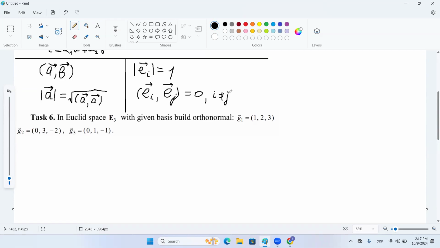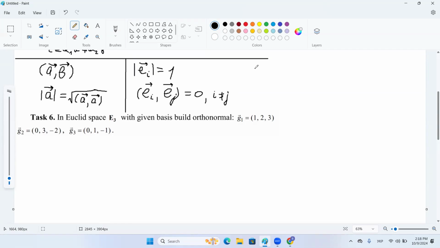Just let's remember our unit vectors in 3D space that correspond to the coordinate axes x, y, z. We know that. So i, j, and k. If we multiply them between each other, we will get 0.